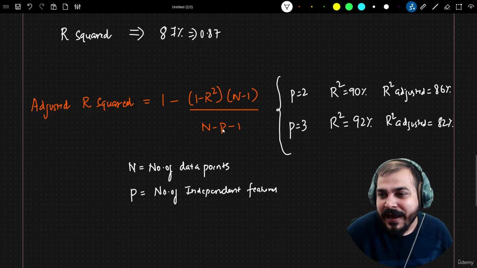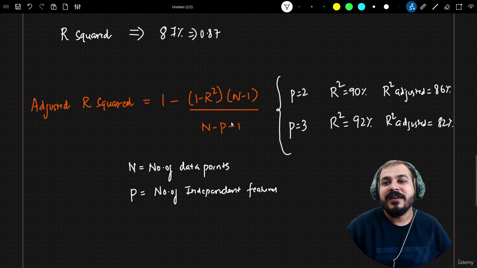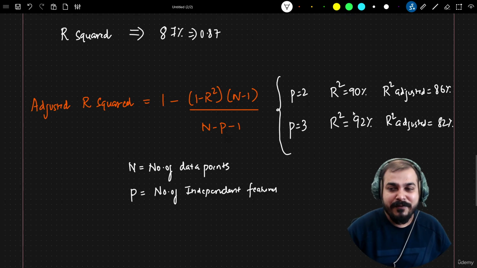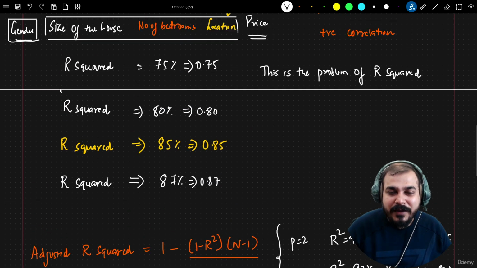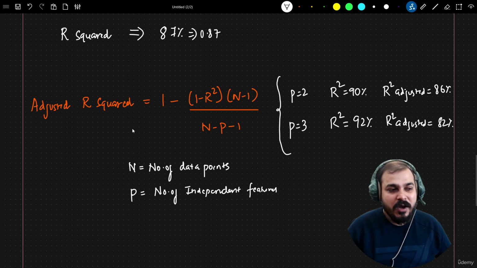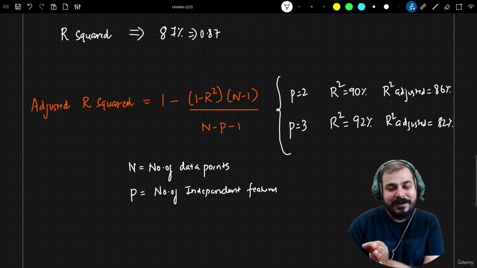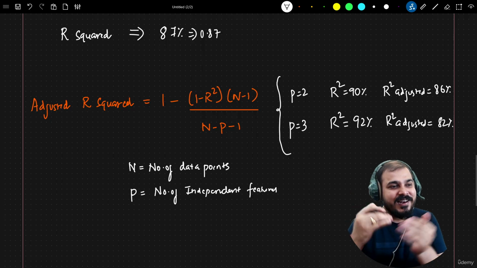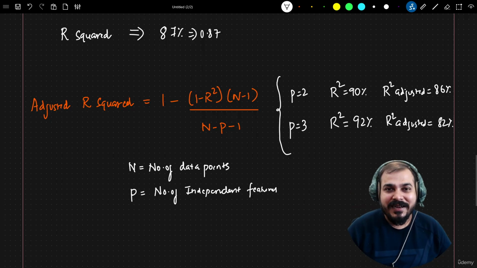Just understand, guys, that when I increase the p value in the denominator and then multiply and divide with this specific value, this kind of relationship will automatically be formed. So whatever problem we had with R square will get solved with the adjusted R square. For right now, just make note of this hypothetical example that I've made in front of you. Later on, I'll show you with the help of practicals also.